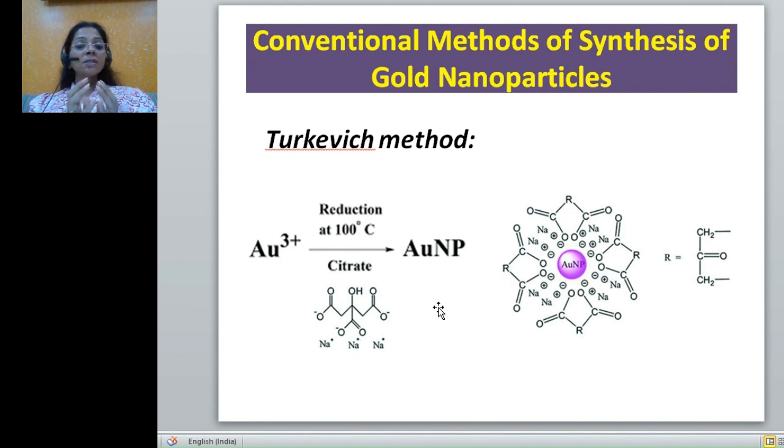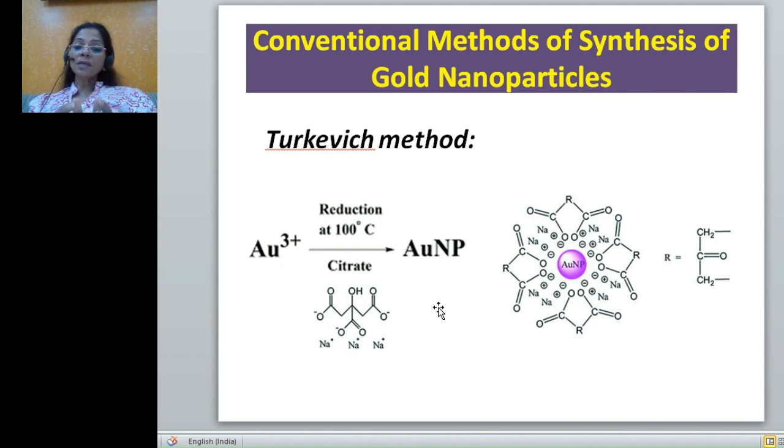And what is the size of the cluster? What controls the size of the cluster? The size of the cluster is controlled again by the citrate ion, because in this case the citrate ion is performing a dual function of acting as a reducing agent and also acting as a stabilizing agent or the capping agent.